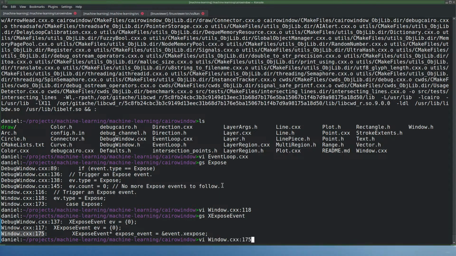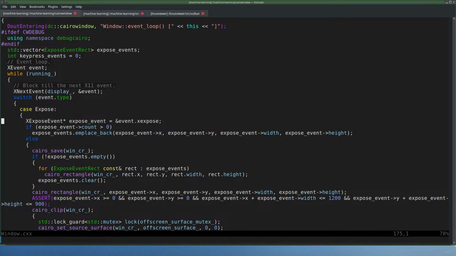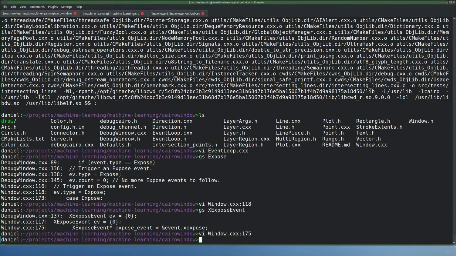What is that? Well, that's while running. Yeah, that's an expose event that we receive. It's like if you remove a window that was covering it. So I think I have to use the other one, or that's the one that I have to suppress.